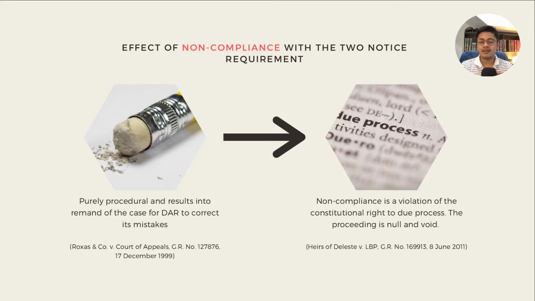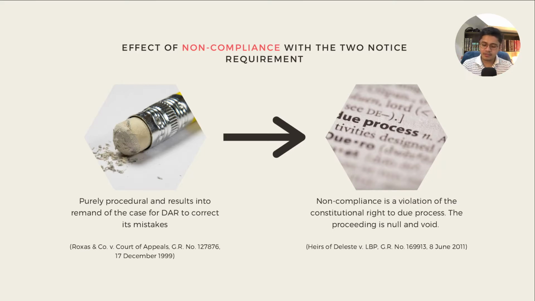Effectively, the case of Rojas and Company versus Court of Appeals is not anymore the controlling rule, because in this case of Heirs of Leste versus Land Bank of the Philippines in 2011, the Supreme Court expressly referred to this case of Rojas and Company versus Court of Appeals, and the holding in this case is clearly different from the holding in Rojas and Company versus Court of Appeals.